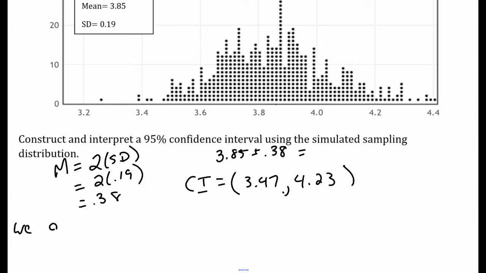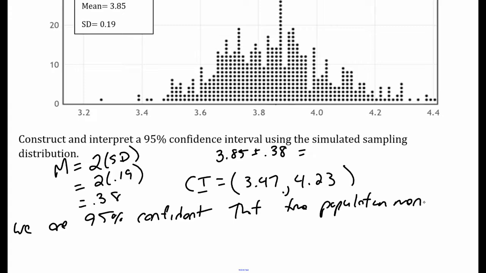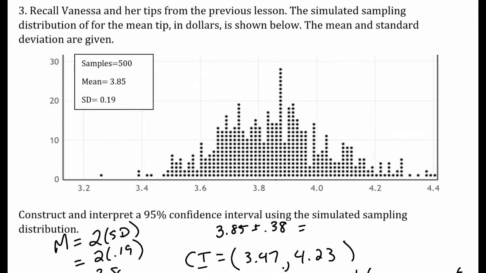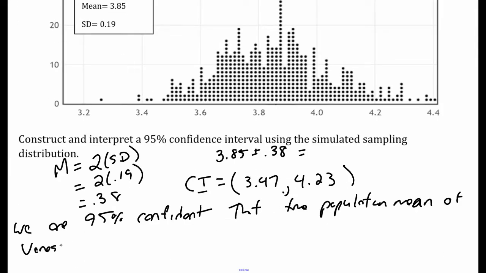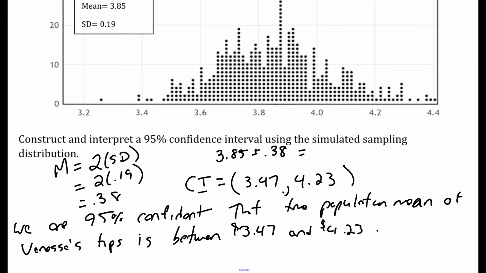It means we are 95% confident that the true population mean of Vanessa's tips is between $3.47 and $4.23.